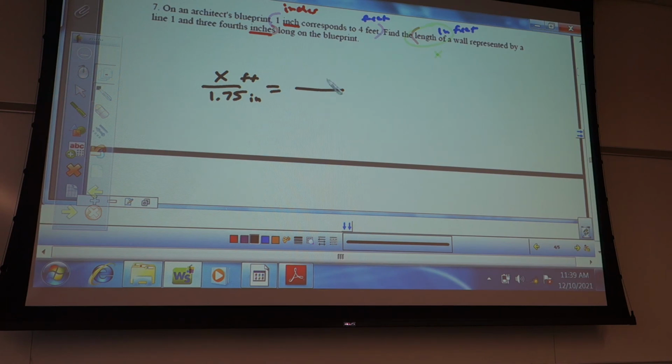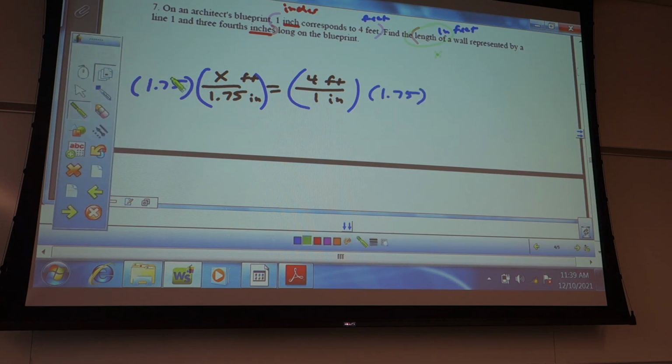Does that make any sense for folks? So we know that these two go together, 1 inch and 4 feet. Feet have to be on the top, inches have to be on the bottom. And then that makes it really easy to solve, because I can just take both of these and multiply them by 1.75, so that these cancel out. Or you put 1.75 over 1 if that makes you feel better.